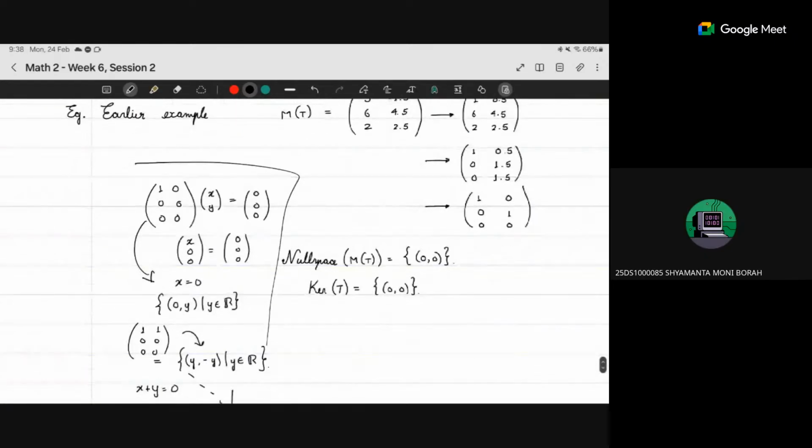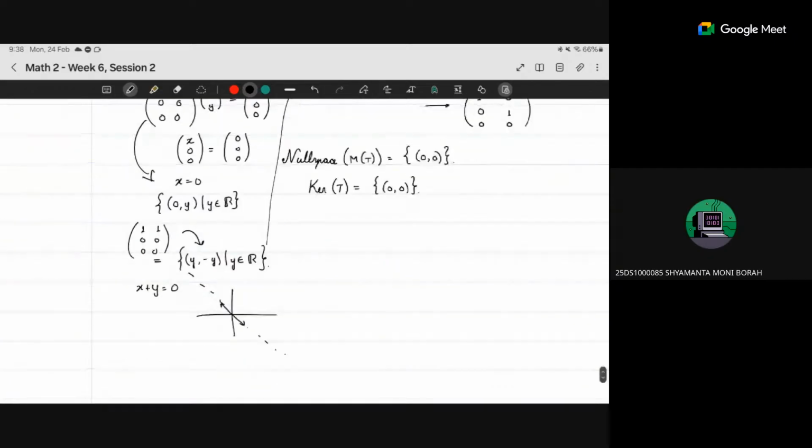Nullity is the same as the dimension of the kernel of T, the dimension of the kernel of T as a subspace, because you get that many linearly independent vectors.